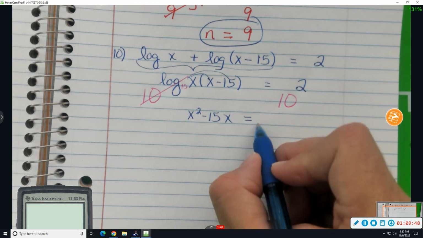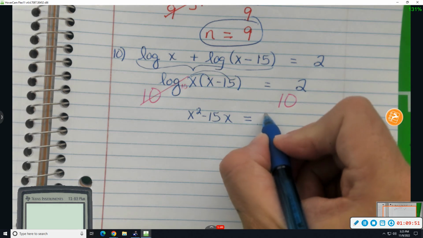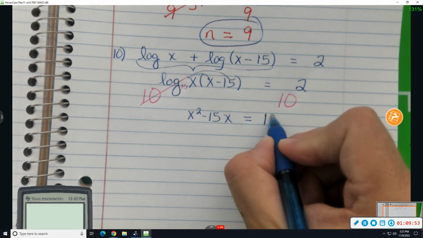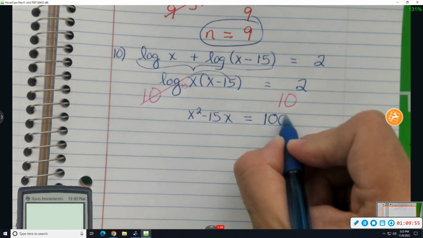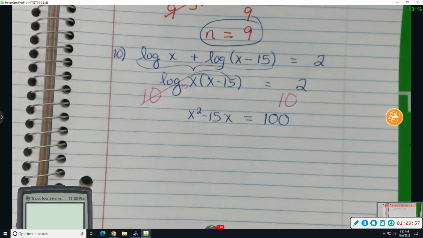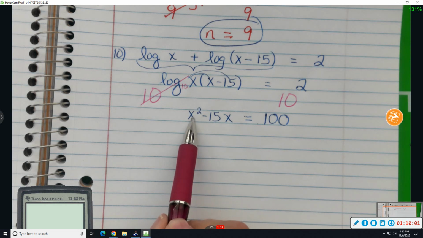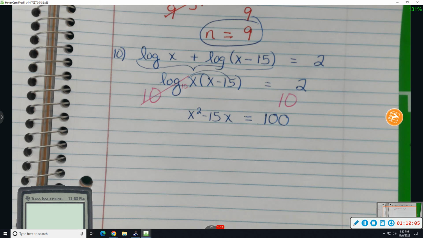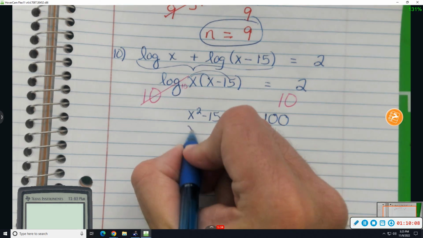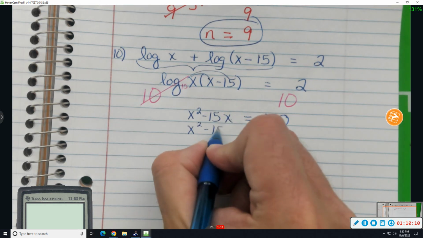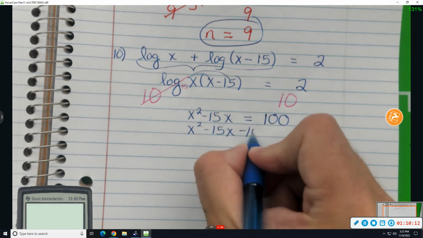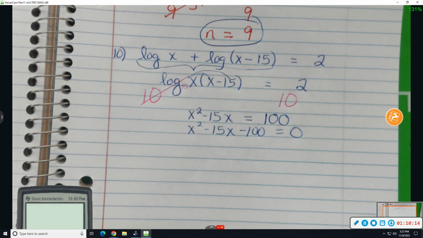What am I going to put right here? 100. 10 times 10. This is a quadratic equation. So move the 100 over. Minus 100 equals 0.